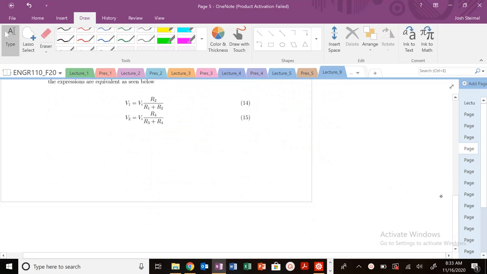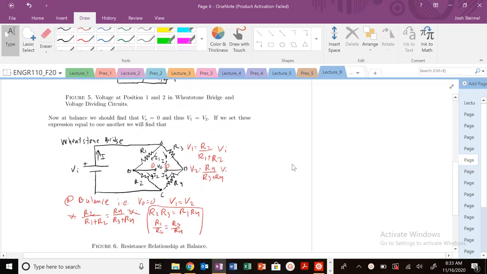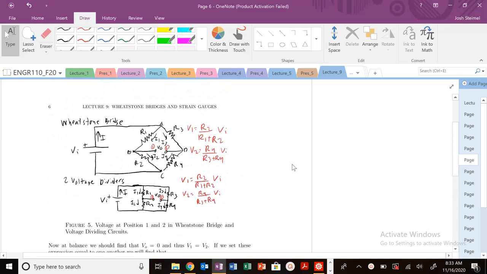So to get my V naught, we could first think, what's going to happen if we're at balance, i.e. when V naught is equal to 0? Well, V naught is going to be equal to V1 minus V2. So if V naught is equal to 0, we find that V1 is equal to V2.